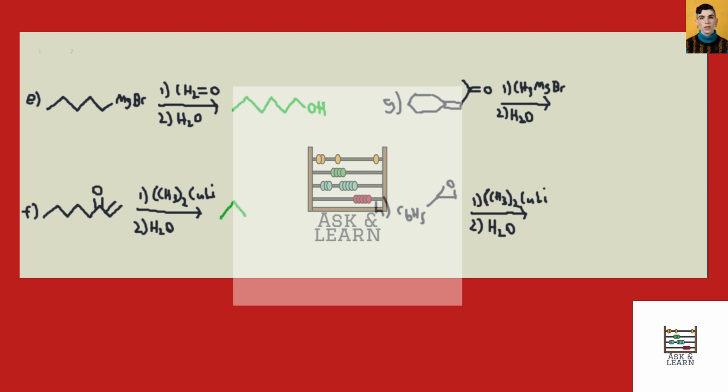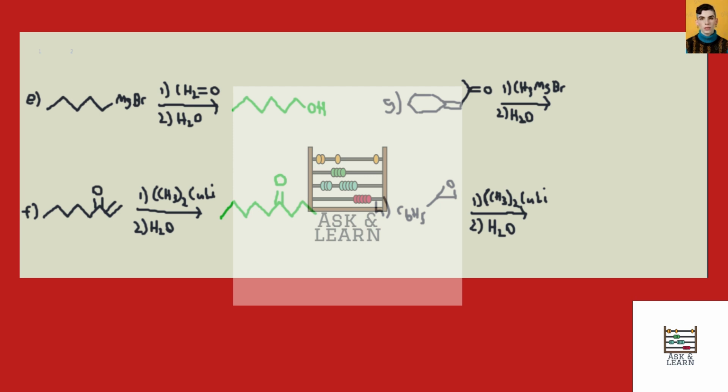So it's an 8 carbon chain to start. 2, 3, 4, 5, 6, 7, 8, 9. So now it is a 9 carbon chain. The addition of that methyl group took place at the alkene. And so there is our ketone still intact. And so that's F.